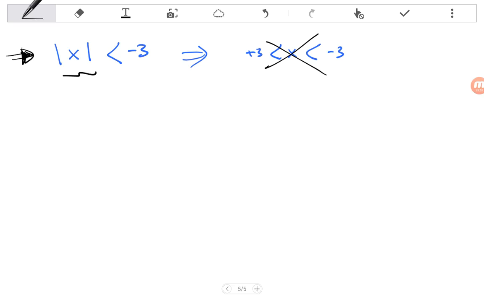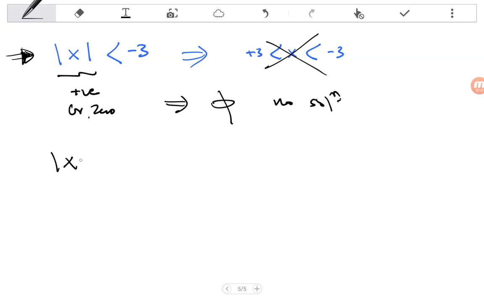When would an absolute value be less than a negative? Remember that an absolute value has always a positive value or 0. Could a positive value or 0 be less than negative 3? Never. So what is the solution of this inequality? It is phi, or no solution.